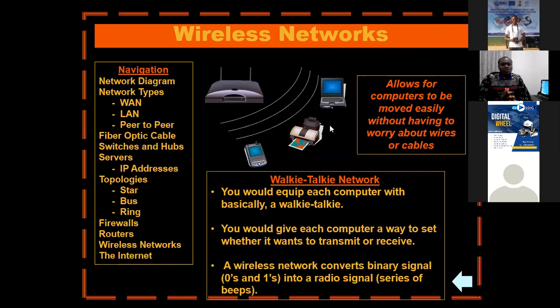So now we're looking at wireless networks. A wireless network allows computers to be moved easily without having to worry about wires or cables. That is one of the major reasons why we encourage a wireless network. It enables your computer to be moved easily from one office to another, from one place to another, without having to worry about the cables. You can see the relationship between the walkie-talkie and the old telephone lines.